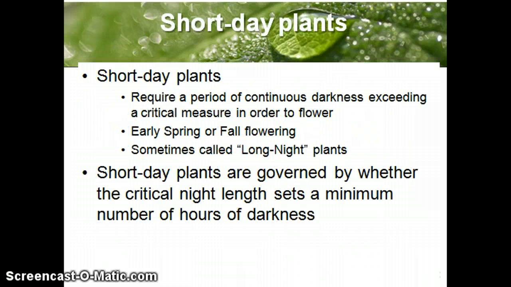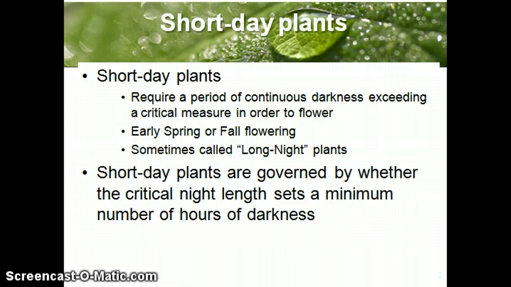So first of all, short day plants require a period of continuous darkness exceeding a critical measure in order to flower. So early spring or fall flowering will occur with a short day plant. The other way to look at this, if it has a short day, that means it has a long night. So you can think of a short day plant as a long night plant.